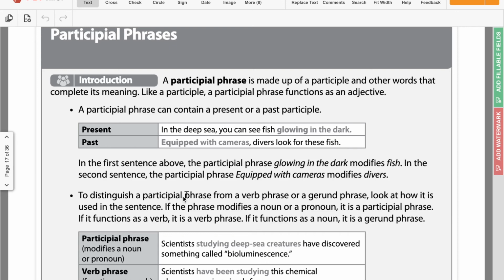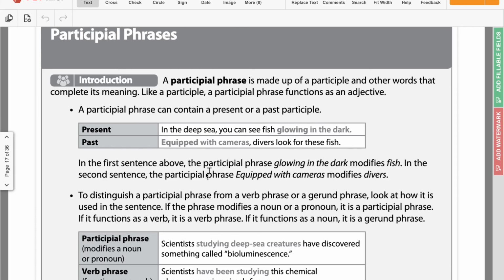Past participle will end with the ed or the en or something along those lines. So the example they give us is, equipped with cameras, divers look for these fish. So in the first sentence above, the participle phrase, glowing in the dark, modifies fish because it's what type of fish? The kind that glows in the dark, right?